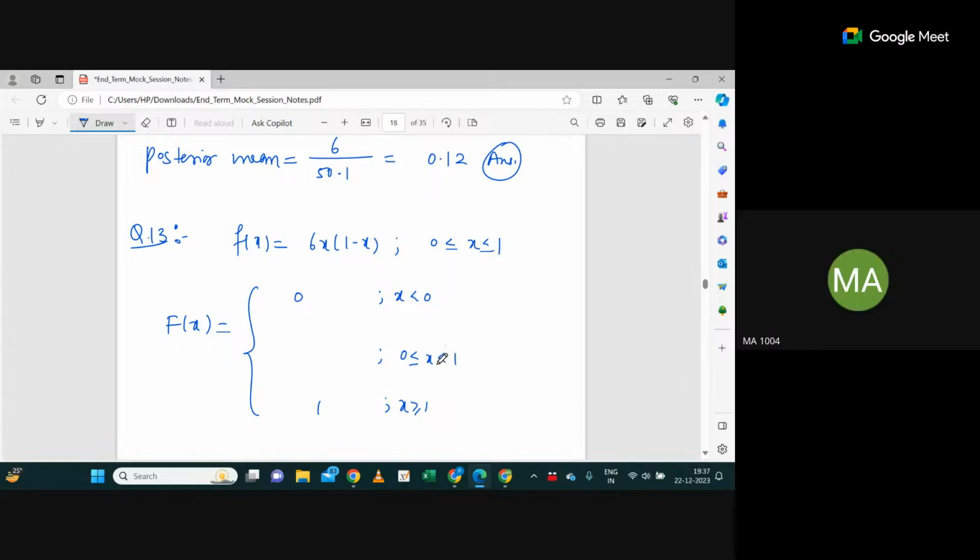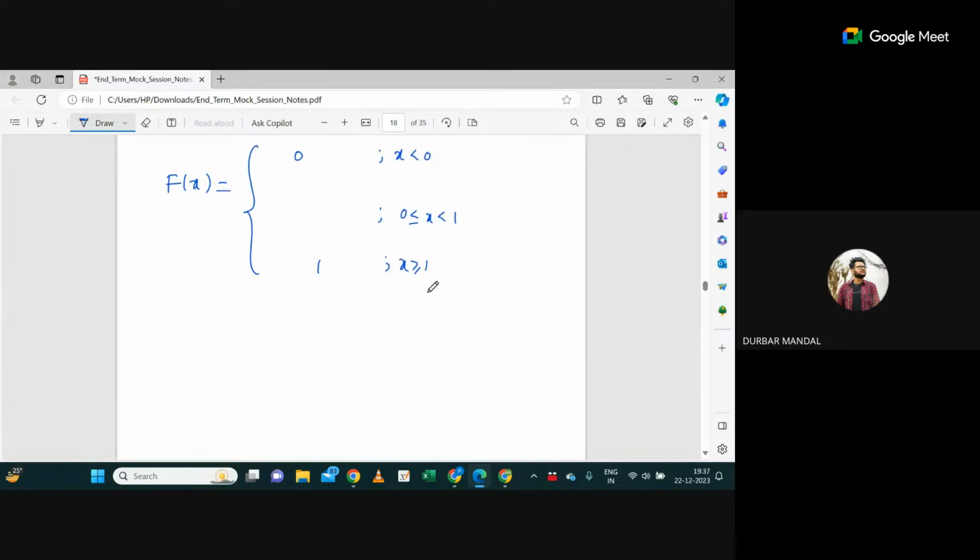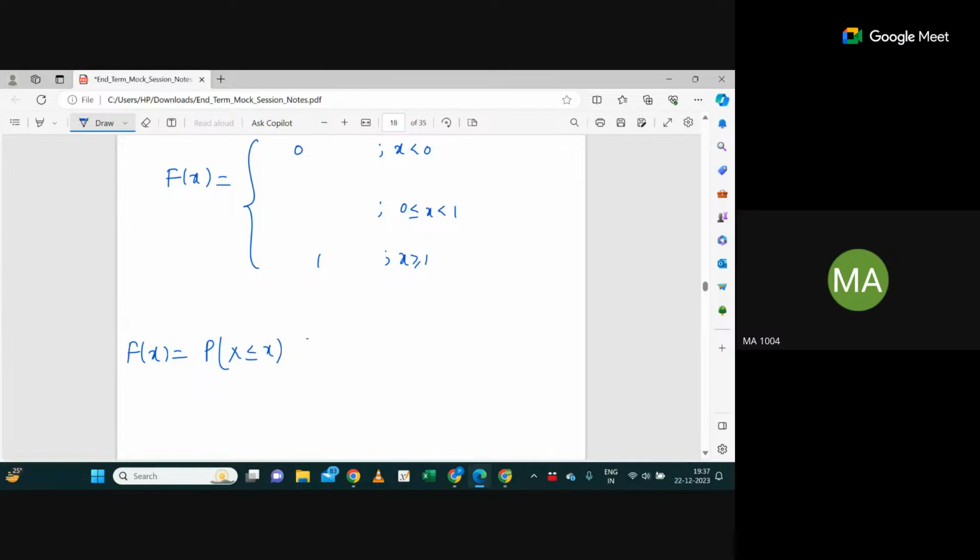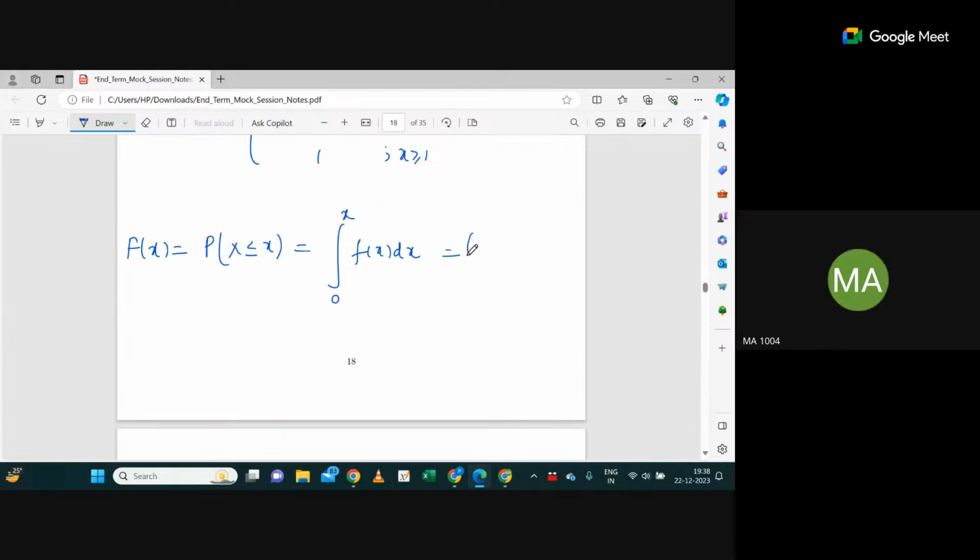See, CDF will always start from 0, and the range of your CDF is 0 to 1. So we'll fill this case. Let's see what the CDF is. This is nothing but the probability that X is less or equal to x. Now we have to integrate. The lower limit is 0, so 0 to x of 6t(1 minus t).